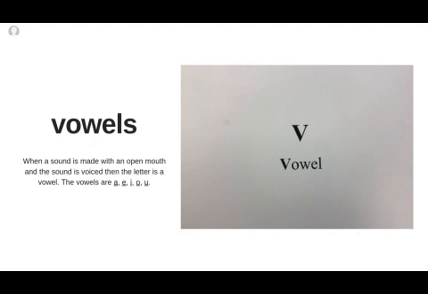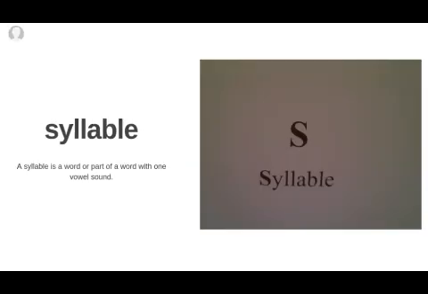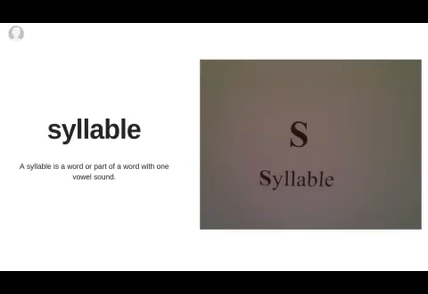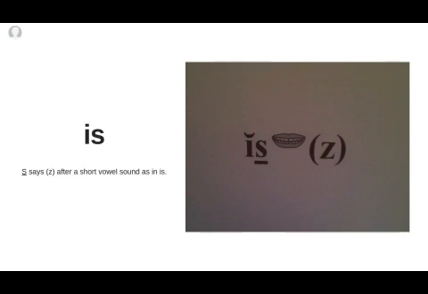The vowels are A, E, I, O, U. Syllable. A syllable is a word or part of a word with one vowel sound. Is. S says Z after a short vowel sound, as in is.